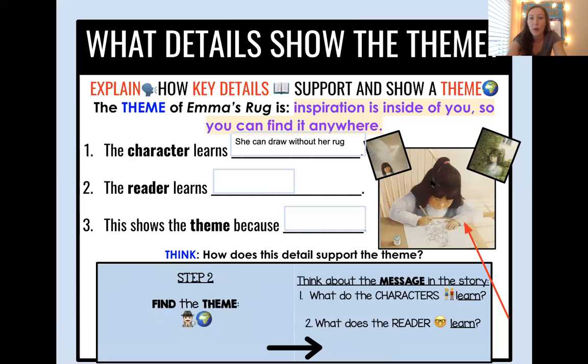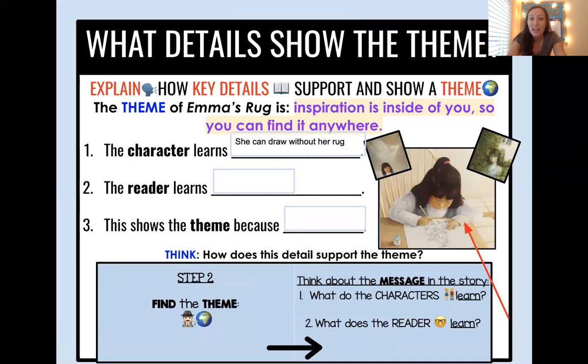What do we learn that we can practice in real life even if we don't have a rug that we draw with? Do we learn that we need a rug to draw with? No. Do we learn that there's imaginary creatures in our room? No. Do we learn that you can go outside to draw?